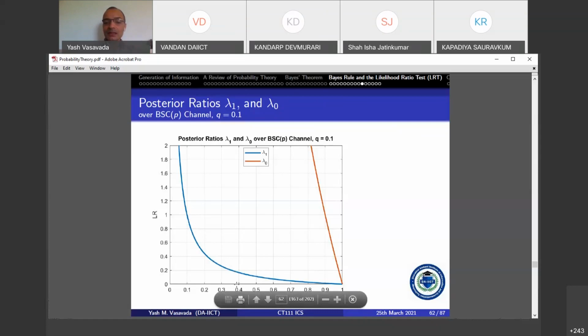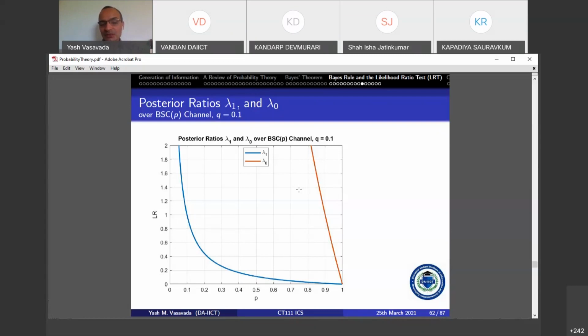On the other hand, at p equal to 0.4, look what happens to lambda 0. At 0.8, it roughly becomes 2. If I keep on going for smaller values of p, this red colored line will reach maybe 10,000 or something, some very large number. Why is that happening?